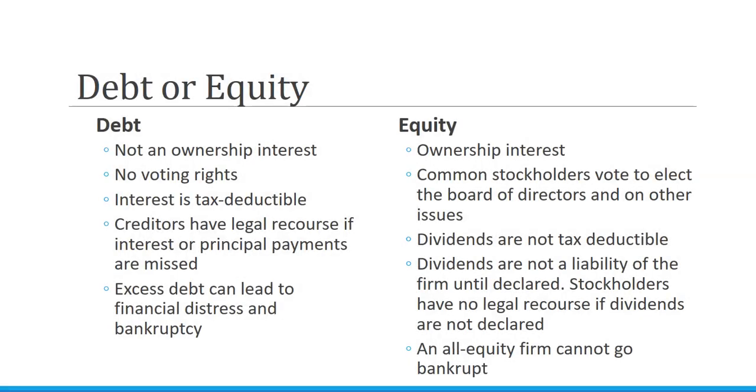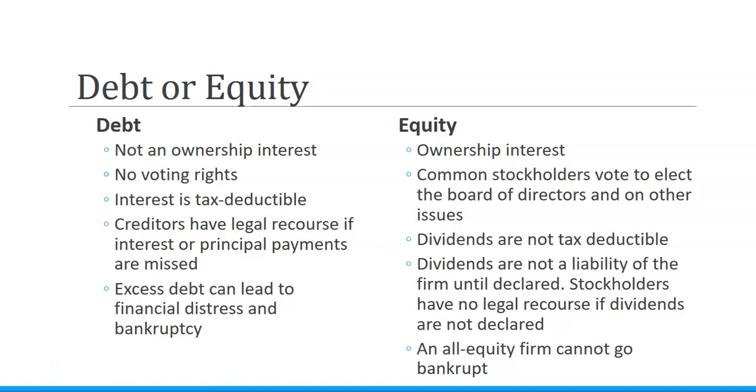When we are looking at bonds or even giving up stock, we have to think about what's the difference between debt and equity. So here's a list of what the difference is between debt and equity. Mainly that debt doesn't include any voting rights or ownership interest, and that the interest payments that we make on bonds or on debt, notes payable, etc., are tax deductible.